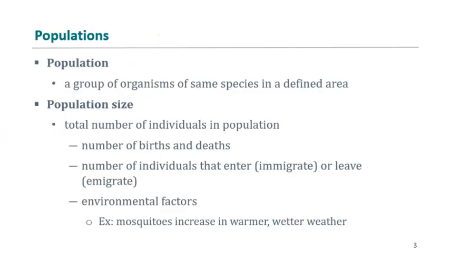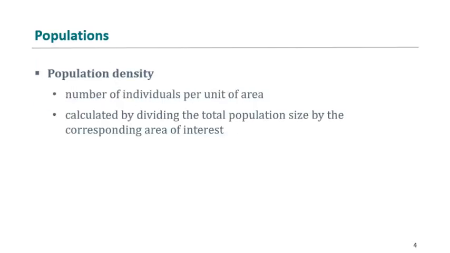So keep in mind population size, and then we want to compare that to what we call population density. So density describes the number of individuals of a species that are living within a specific area. And a lot of times it's measured in square kilometers or square miles, how many there are per square mile or square kilometer.